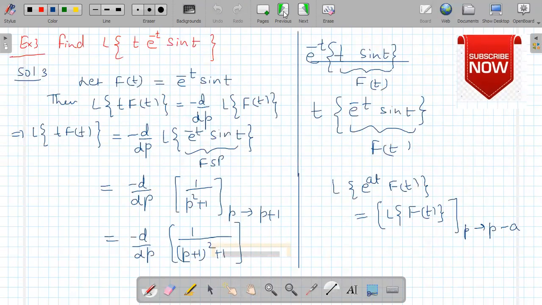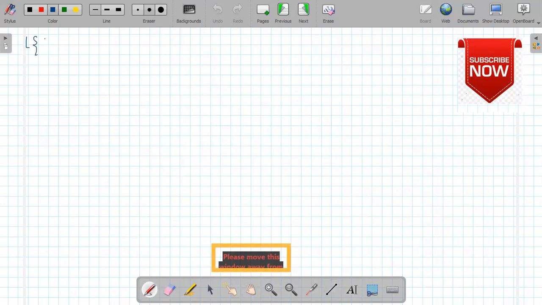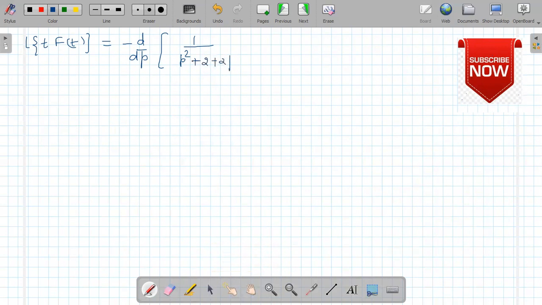So Laplace transform of t f(t) is equal to minus d over dp of, (p plus 1) whole square को हम ओपन कर लेते हैं, उसमें 1 ऐड कर देते हैं, so we'll get p square plus 2p plus 2.